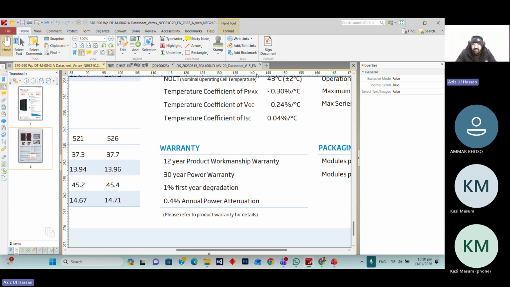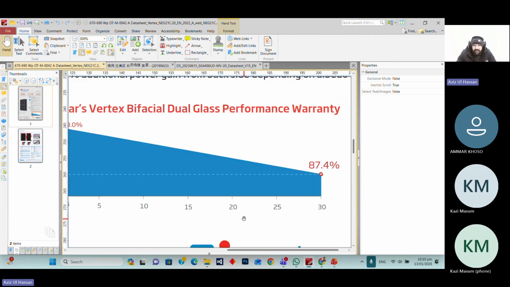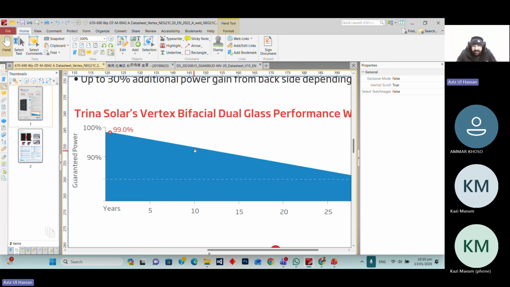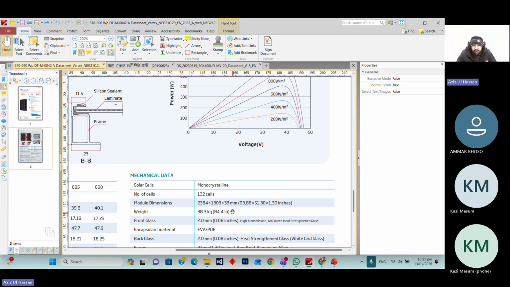In the previous years' data sheets, the degradation graph was for 25 years. Now for 30 years, they will give you 87.4% of the power at 30 years. That is why they have changed their warranty from 25 to 30 years.